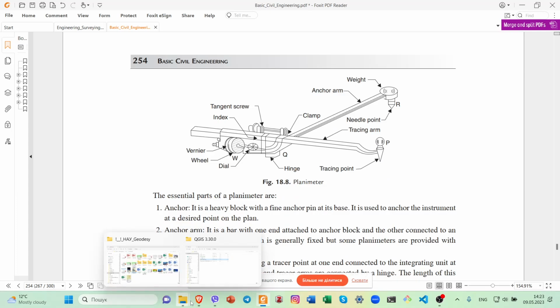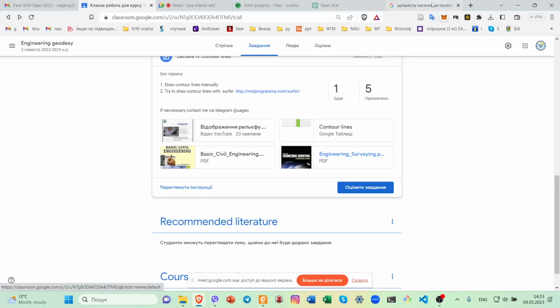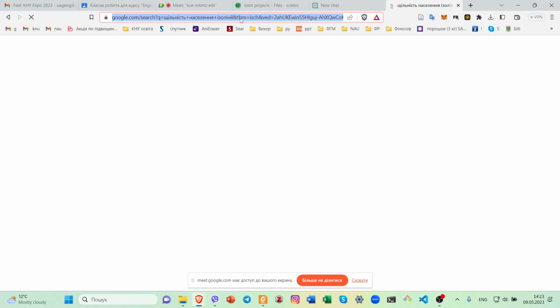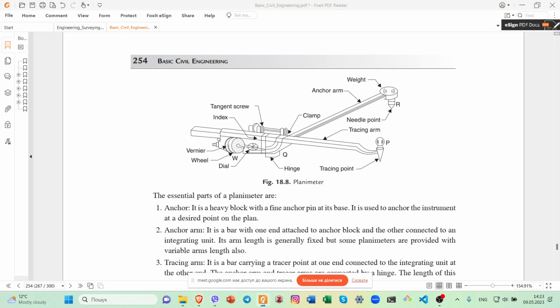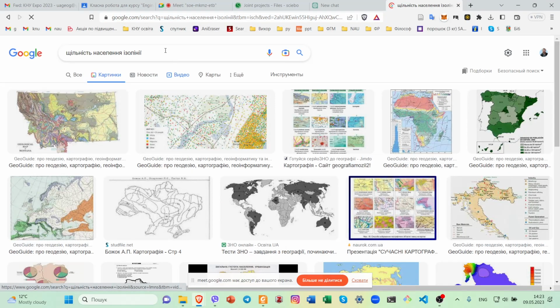Nowadays they make a digital planimeter that does the same work, measuring the area of the parcel.